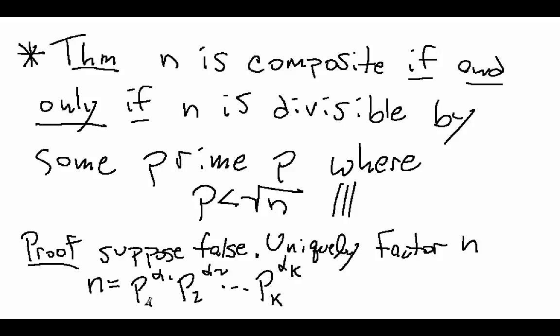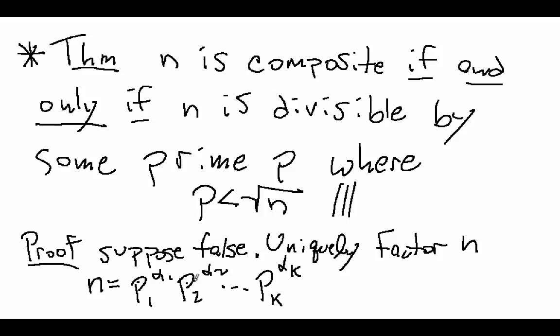Remember, we're saying that this is the unique factorization of n, and we're supposing that this is false. Now, if this is false, that means that each one of these is greater than the square root of n. Well, if each one of these is greater than the square root of n, then just multiplying any two of them together is going to be greater than n.